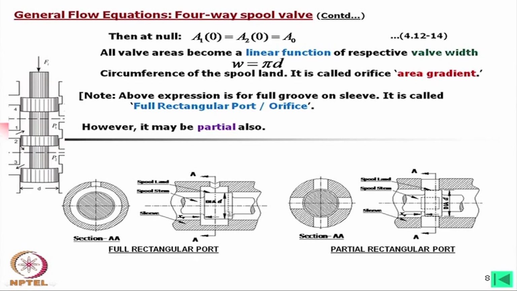So, to reduce that we need to go for such a small rectangular groove, so that flow comes in through a small opening. In that case clearly W will not be pi d; rather, suppose this angle is say 20 degree. So, this will be 20 by 180 into d by 2.